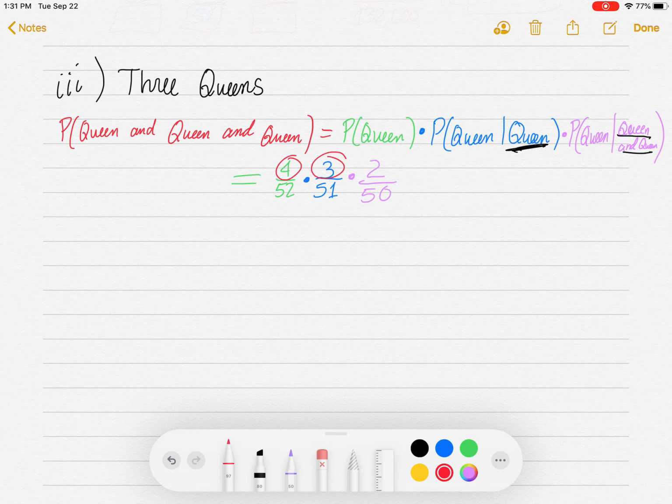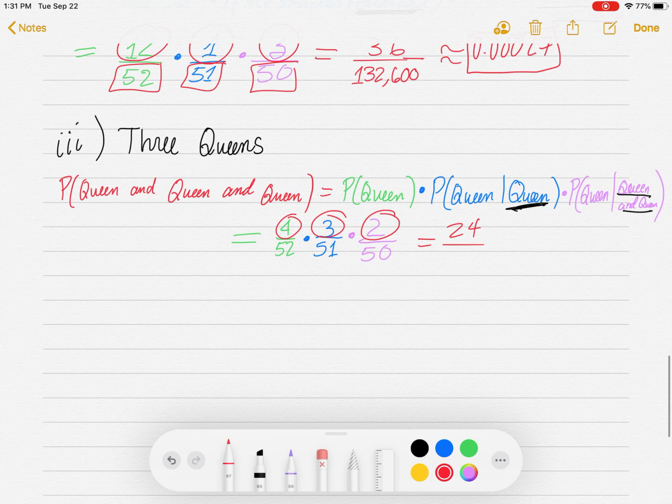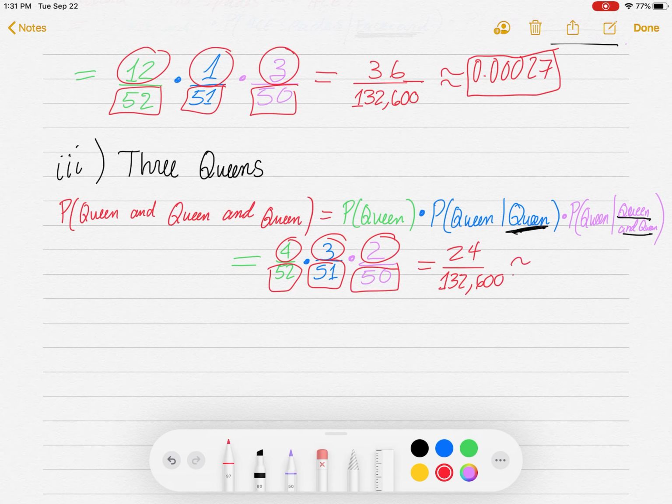So we got what? 4 times 3 times 2. That's 24. Out of a total of 52 times 51 times 50, multiplying these together, 132,600. Divide that out.